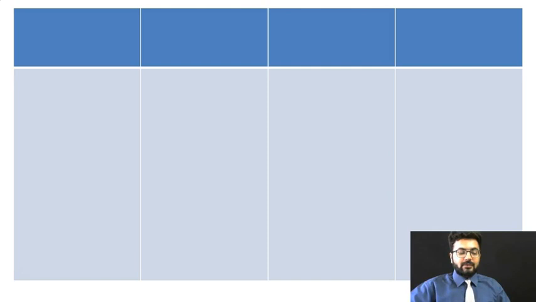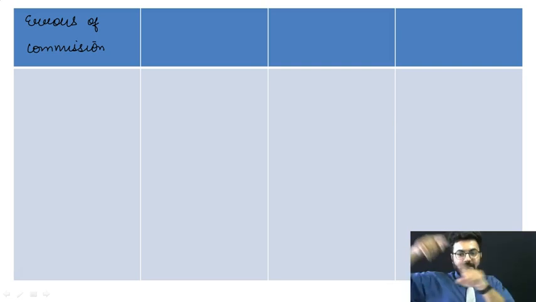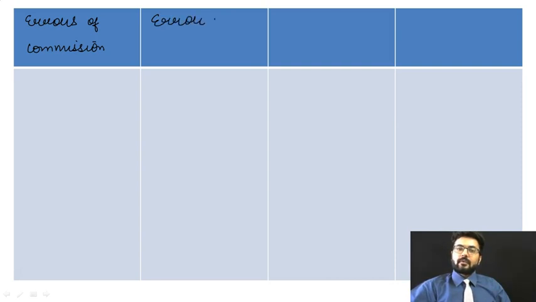The very first is going to be errors of commission. Sir, do we need to write basis? No. You need a scale, though, to make proper lines between them. Then it's error of omission.